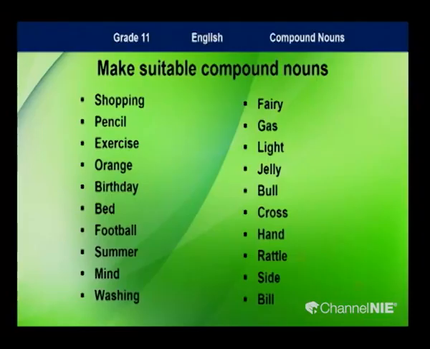Make suitable compound nouns. Here there are some words. You can make compound nouns from the words given. Will you give it a try? Yes, of course.